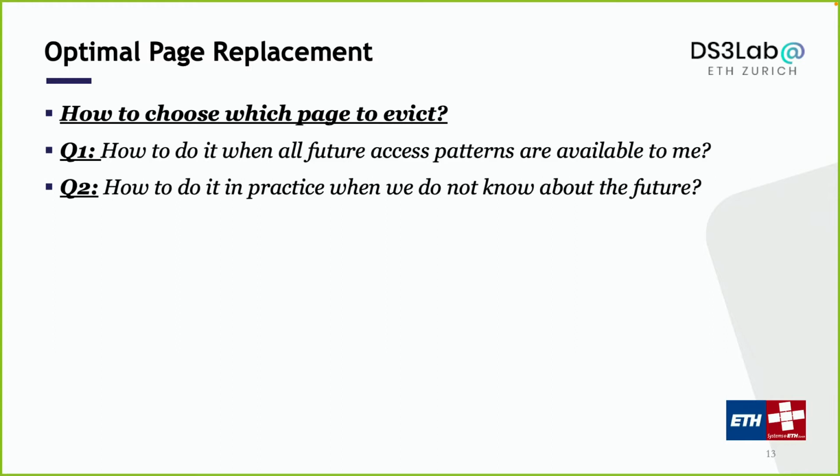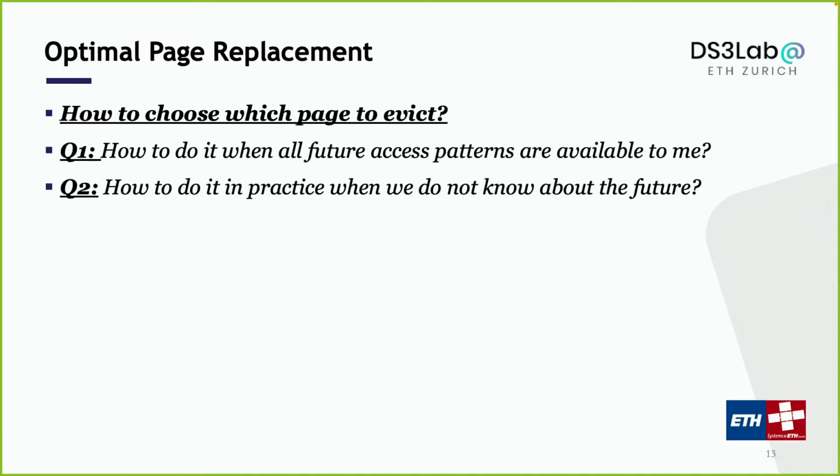If you think about this fundamental question in building a buffer manager, okay, how can I pick the page to evict? There are actually two questions that we could study, given different assumptions about what we know. The first question is essentially, assuming I know about the future, I know all the future accesses you will have on your data, what is the optimal way for me to evict the page?